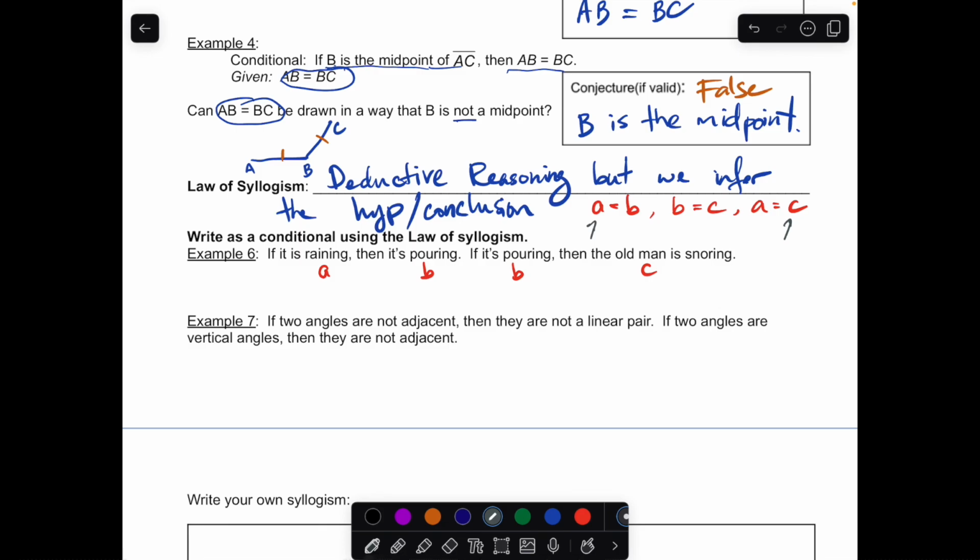So the syllogism here is: if it is raining, then the old man is snoring.